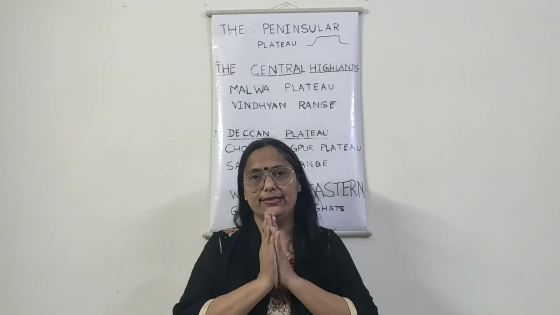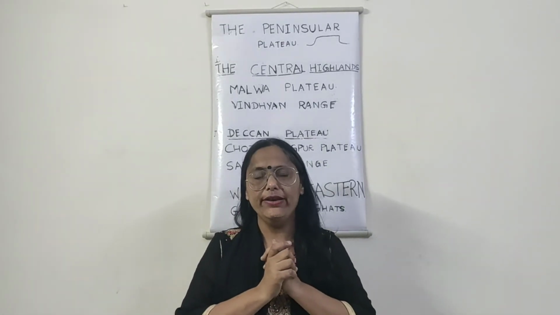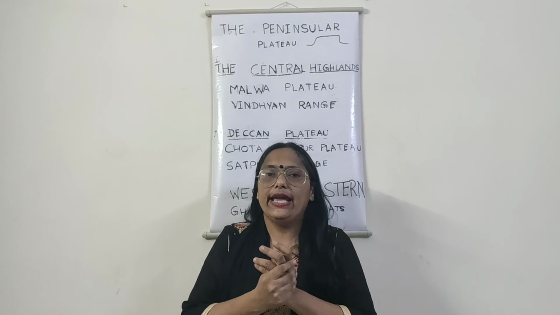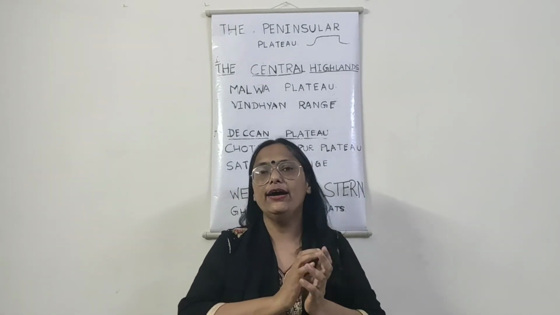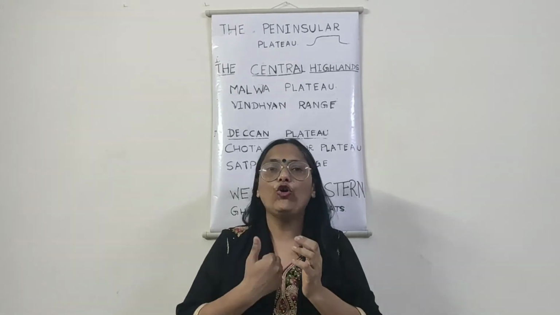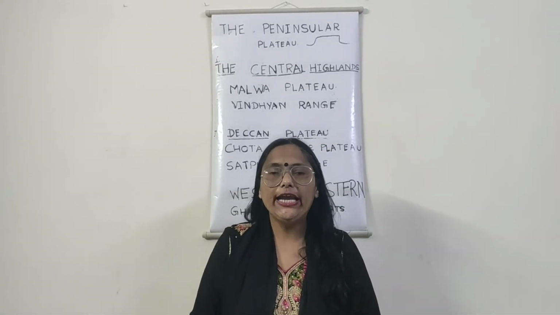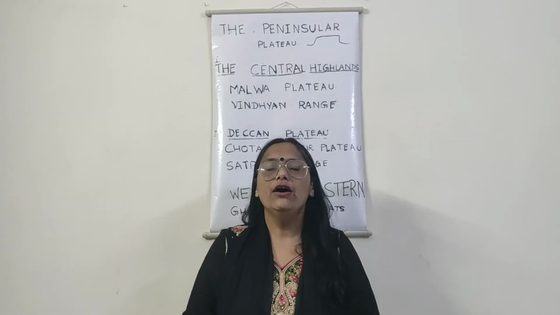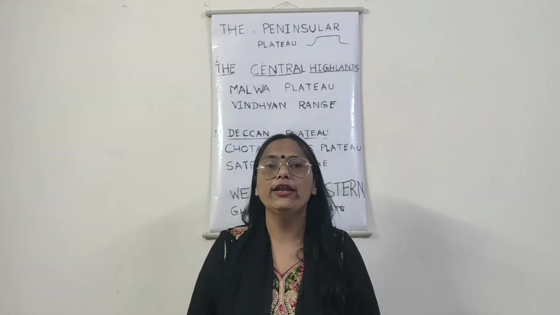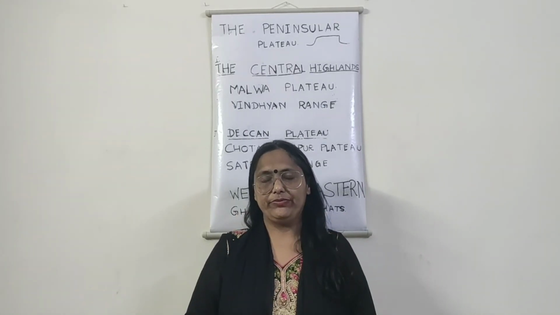The desert area is basically that area where the rainfall is very low. In the Indian desert, the rainfall is less than 150 centimeters.